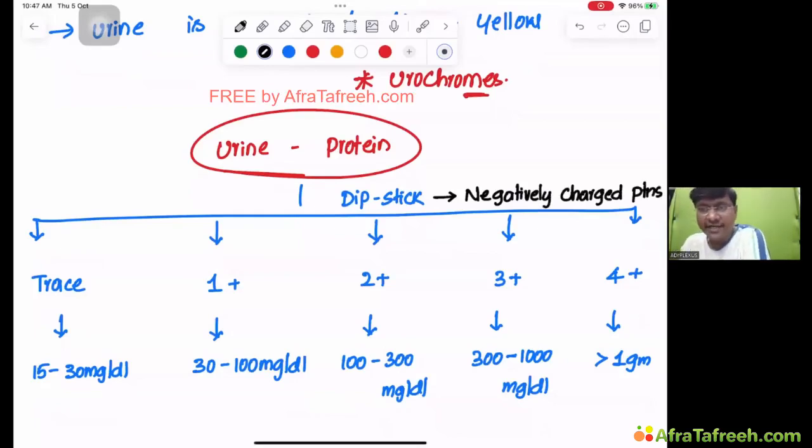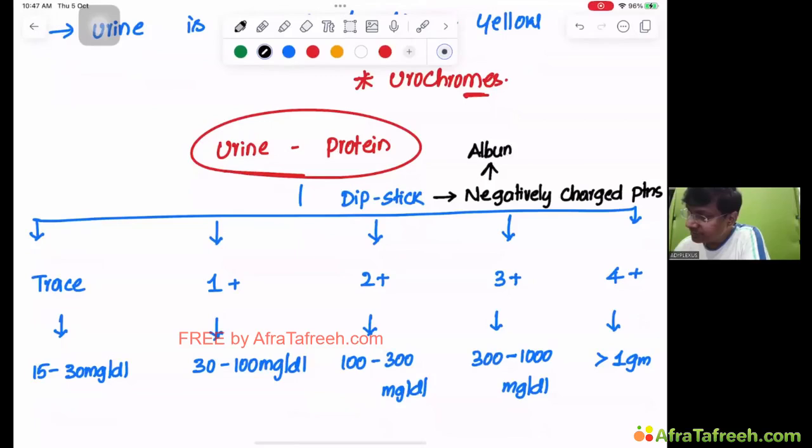It will not detect the positively charged proteins. An example of a negatively charged protein is albumin.